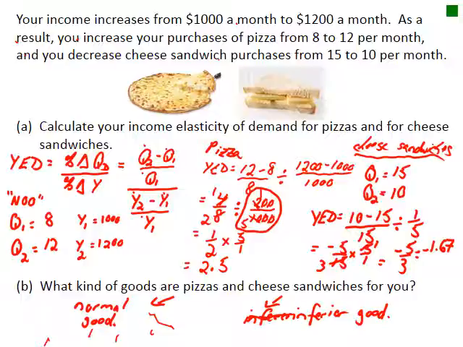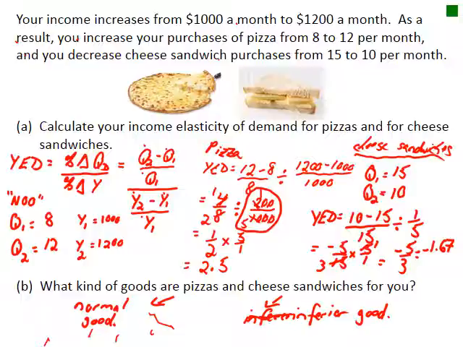So let's look at the YED. We've got Q2, which is 12, minus Q1, which is 8. I'm going to divide by 8. And then rather than putting a fraction on top of the fraction, I'm going to say divided by. Our Y2 is 1,200. Our Y1 is 1,000. And it's going to be over 1,000.